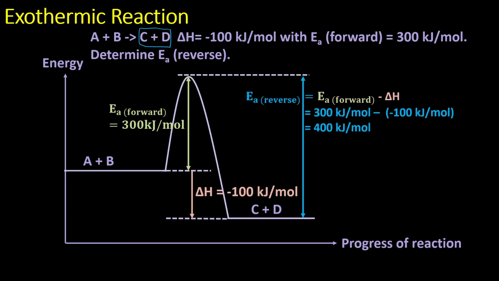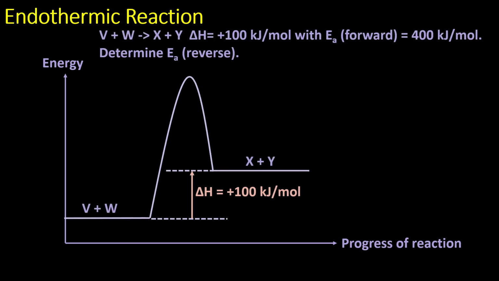So this is the activation energy for the reverse reaction. And how do we calculate the activation energy for the reverse reaction? We can calculate it by subtracting the enthalpy change from the activation energy for the forward reaction. So that is equal to 400 kJ per mole.